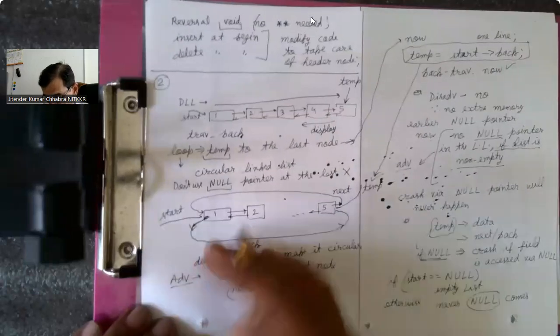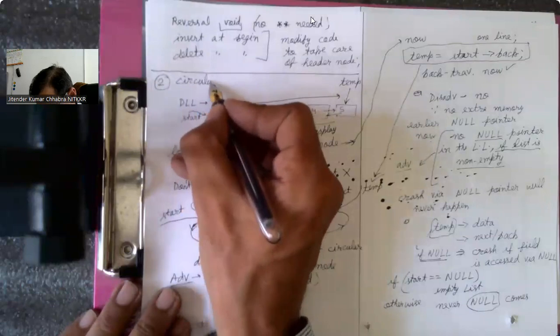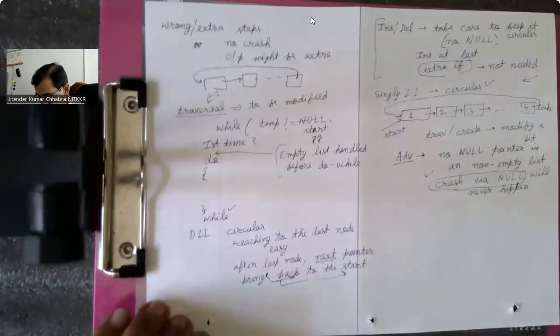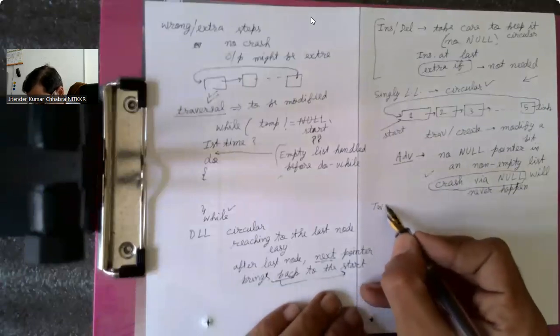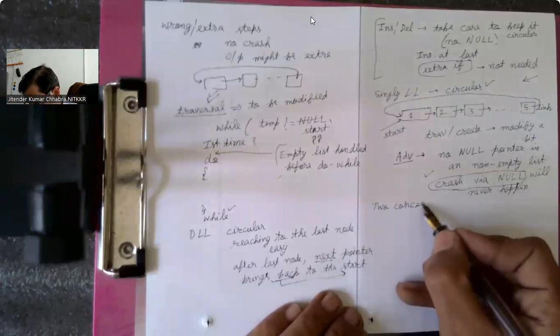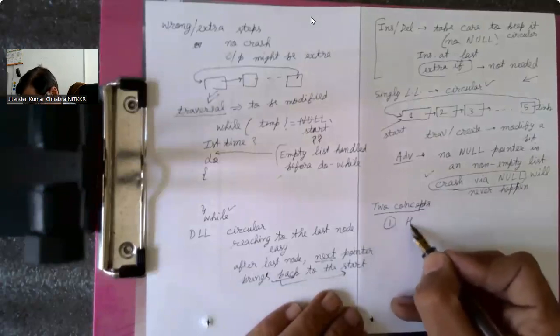When I said your second concept, which we are going to discuss, this was the concept related to the circular linked list. So now I have discussed two concepts today. Till now, two concepts discussed. One, the header node concept.